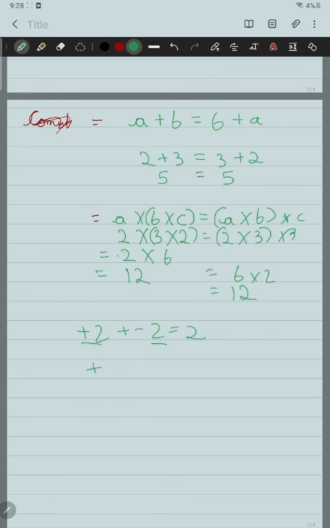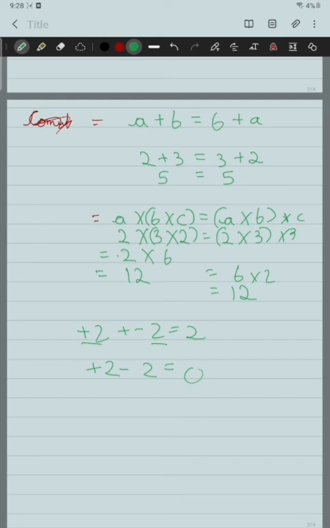We can also verify. 2 minus 2 equals 0. This is nothing but the additive inverse. In simple language, the additive inverse of a number will always be its opposite number. If it is minus 2, it would be plus 2. If it is plus 2, it would be minus 2. Or if it is minus 10 or minus 100, it would be plus 10 or plus 100.